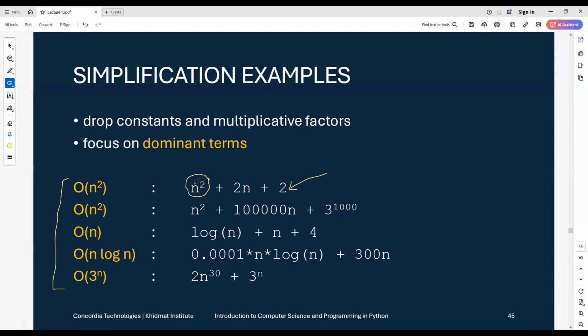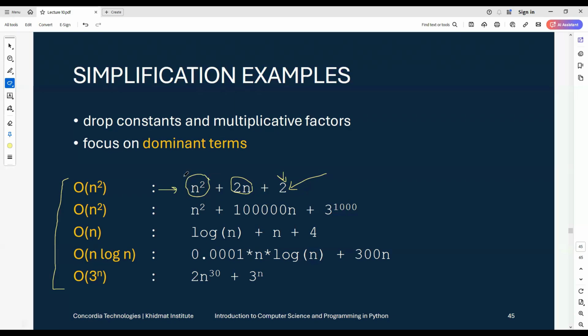When n becomes abnormally large or large enough, this 2n wouldn't even matter in front of it. And this 2 is just a small number. We don't even have to mention it here. So the complexity of this whole algorithm is basically n squared.